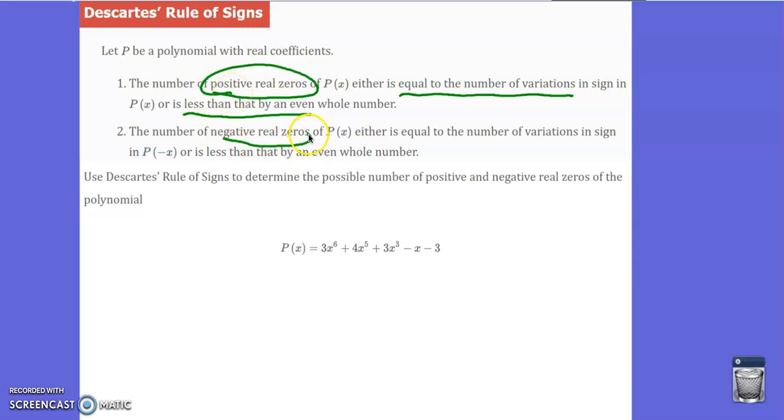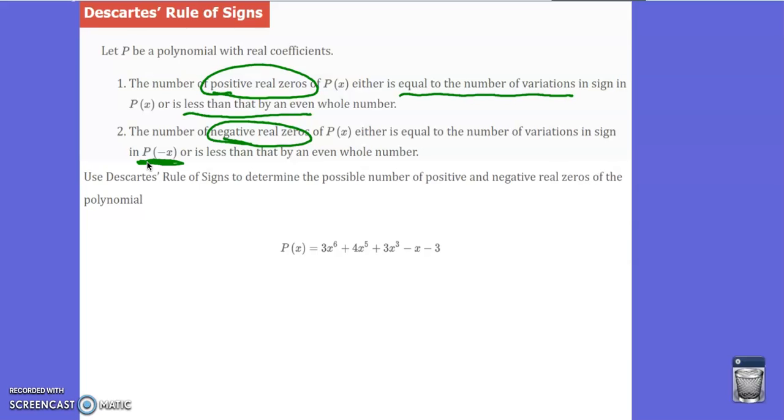And then there are the negative real zeros. So there are 2 things you have to pay attention to: the positive amount of real zeros and the negative amount of real zeros. The negative count is equal to the number of variations in sign of p of negative x. This one's a little bit more intensive to do, and that will tell us the amount of negative real zeros in the polynomial.